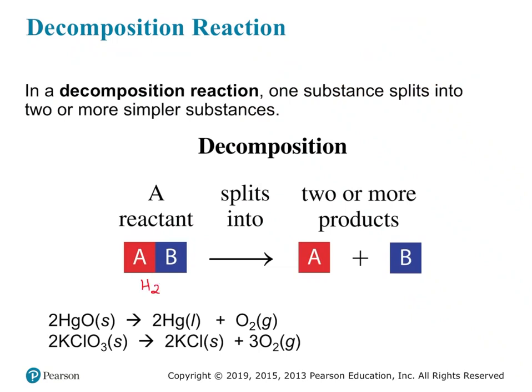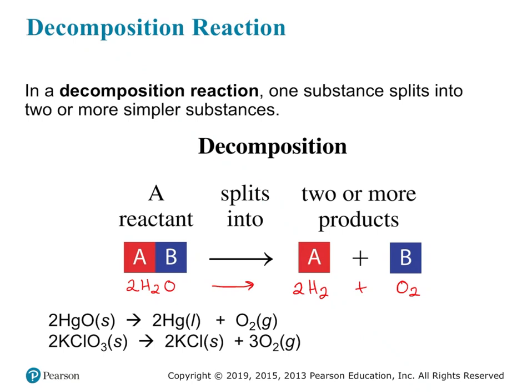There was H2O, water, and it was splitting up into H2 and O2. And then we balanced it, and we found that the coefficients were 2, 2, and 1. So we started with a very simple substance, and it split into simpler substances.